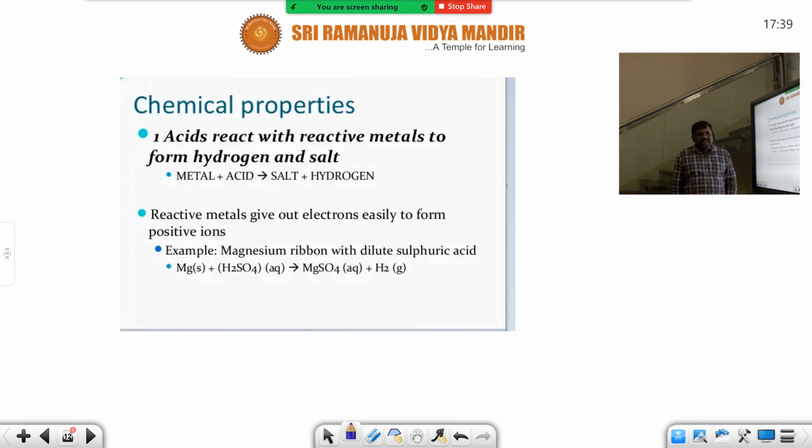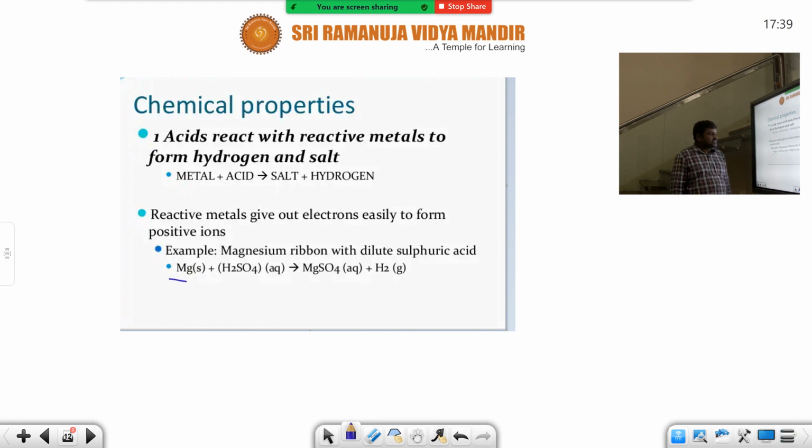Take any acid like HCl, HNO3, H2SO4. These are the properties. Acids react with reactive metals to form hydrogen and salt. Here is one equation.